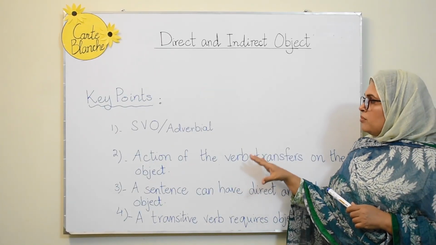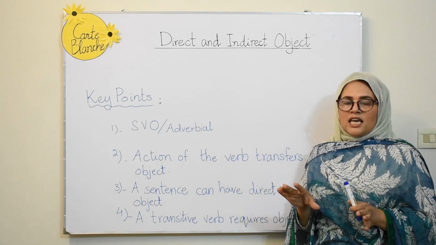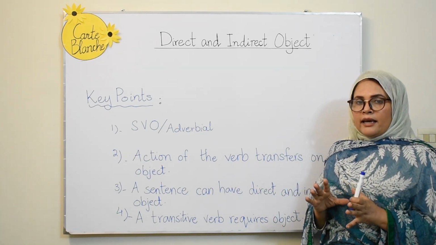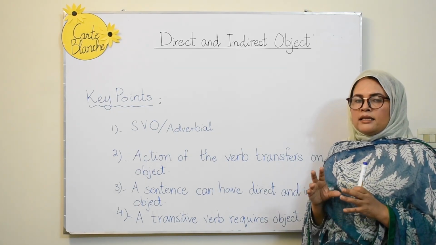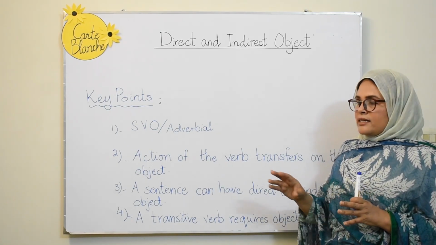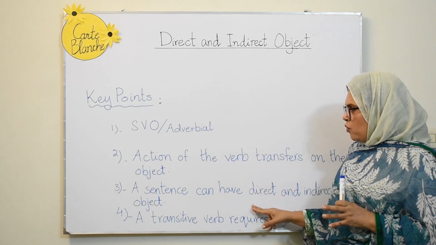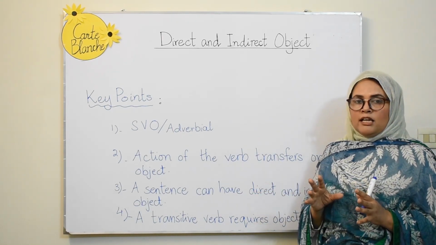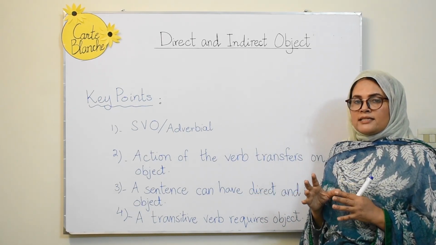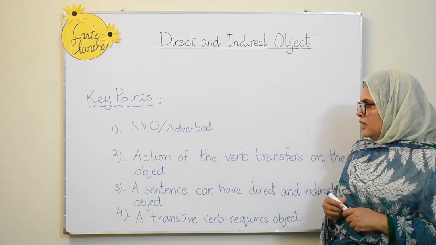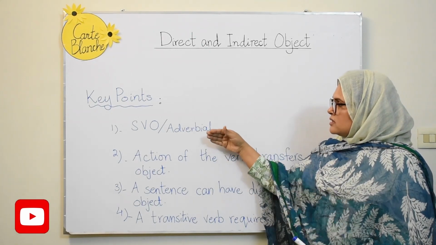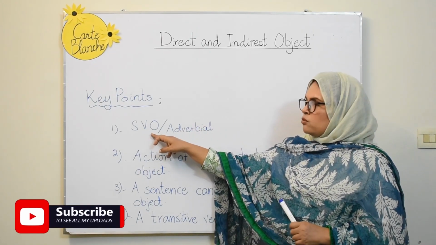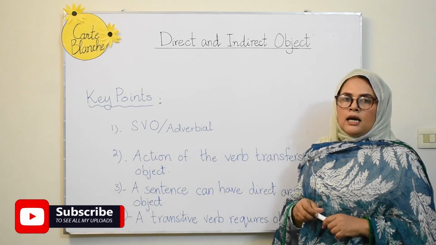So right now, before we proceed to the next stage of learning the concept of the direct and the indirect object, I want you to keep certain key points in your mind which will help you proceed through the lesson in a refined manner, and you'll be able to grasp the concept properly. Regular English sentence structure is subject, verb and object.